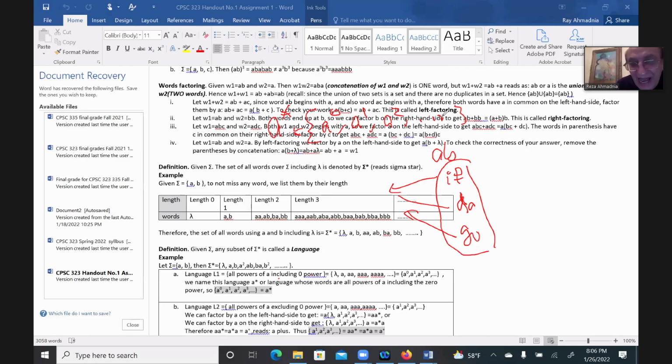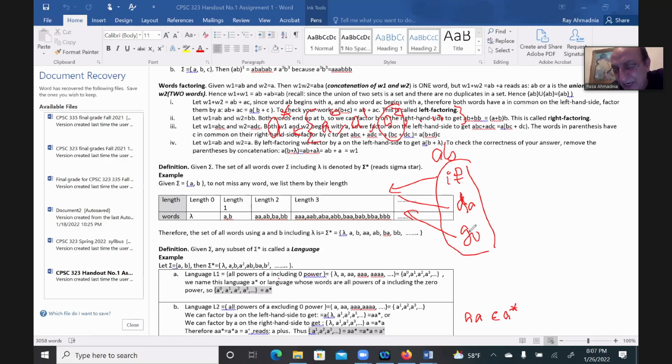Okay, so now if I use this, is AA a word in the language A star? Is AA a word in this language? AA is this one here. Yes, the answer is true. Got it? So if we collect, for example, all words of length 2 in English, is GO an English word?